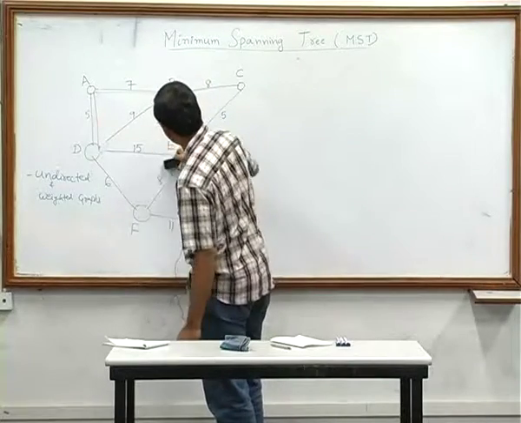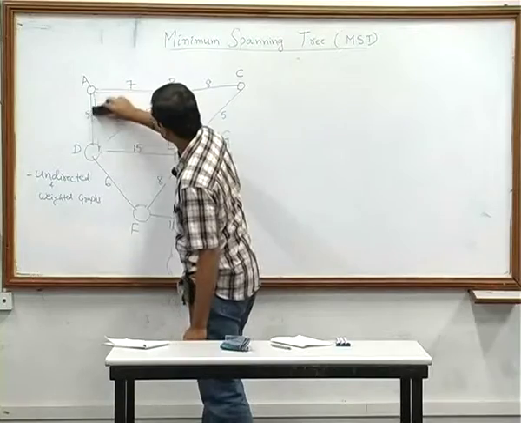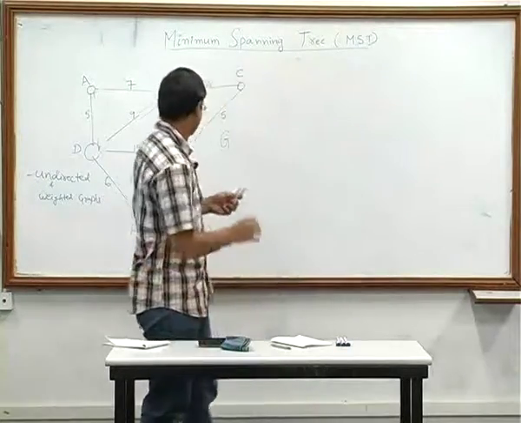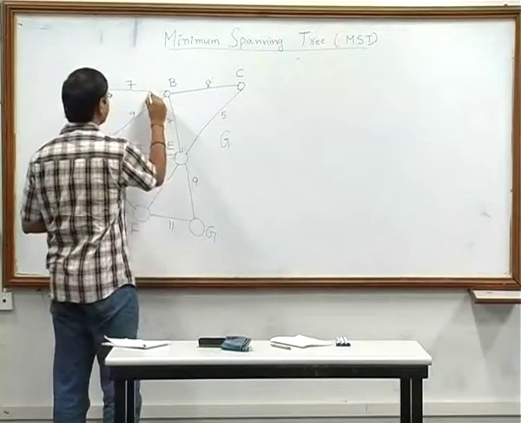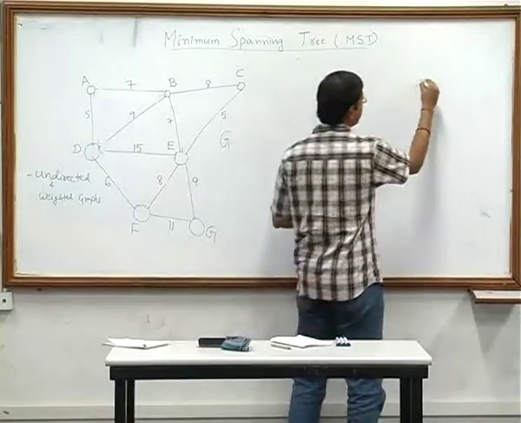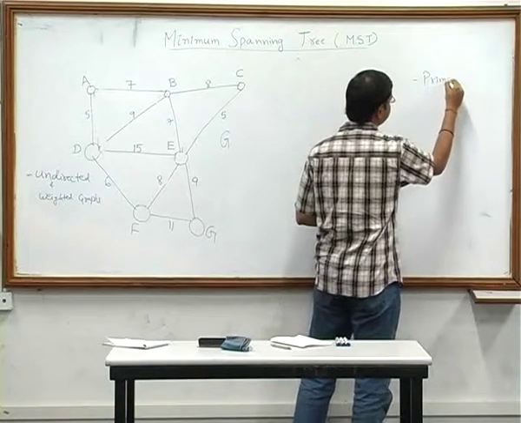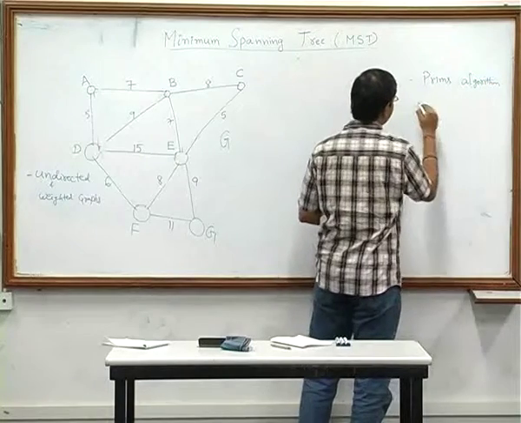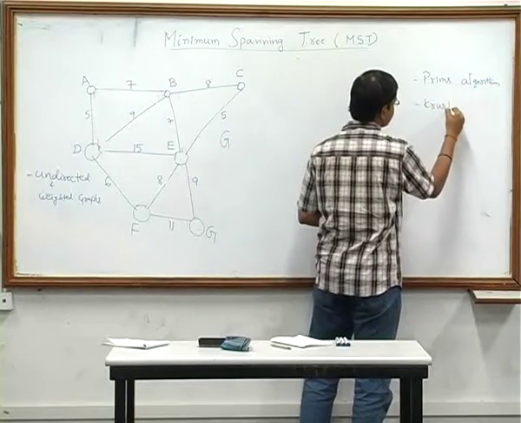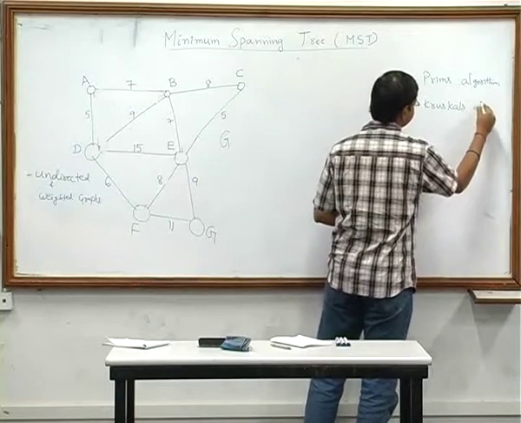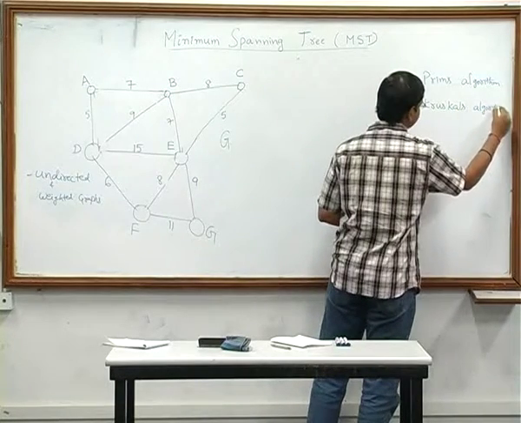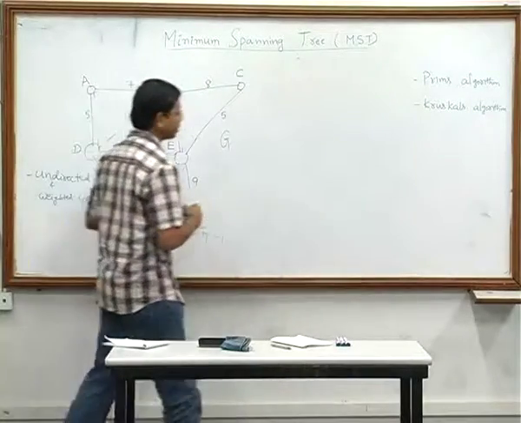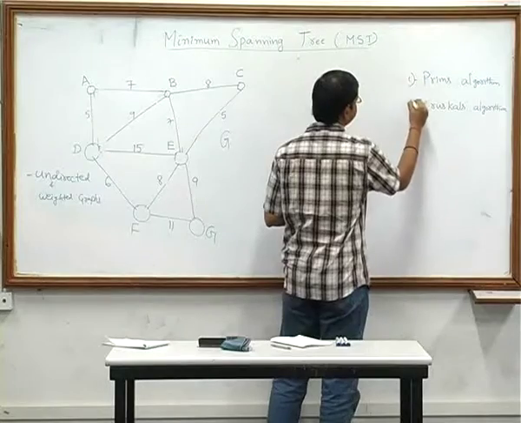There are two main algorithms which are pretty standard in graph theory. One of them is called Prim's algorithm, and the other one is Kruskal's algorithm. First let's look at Prim's algorithm.